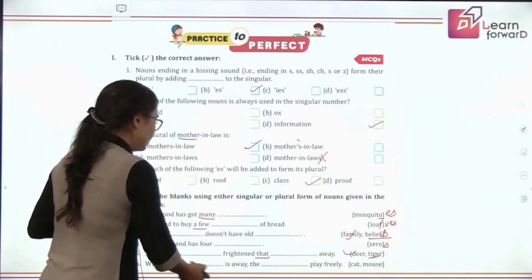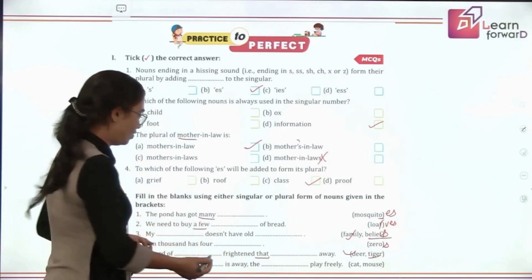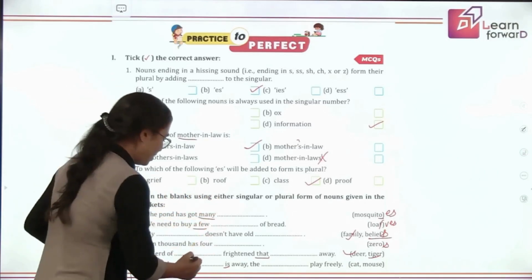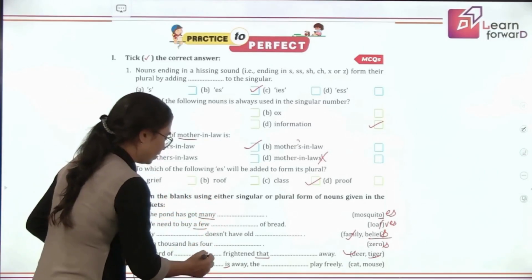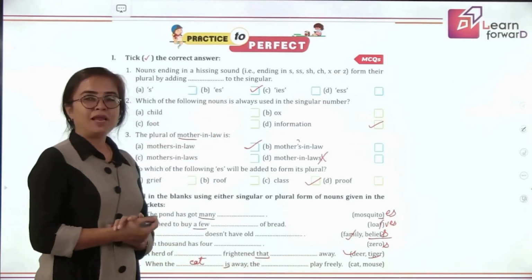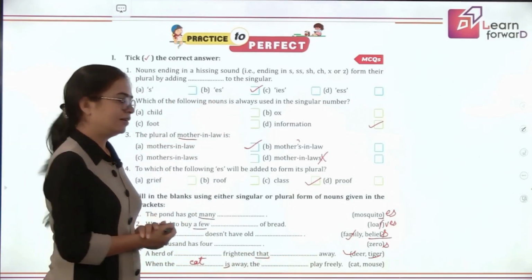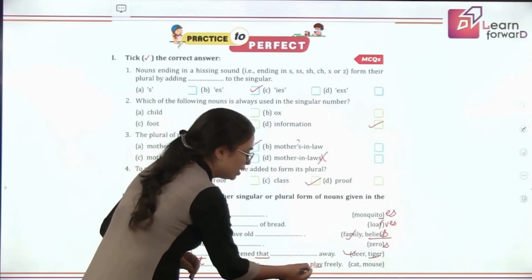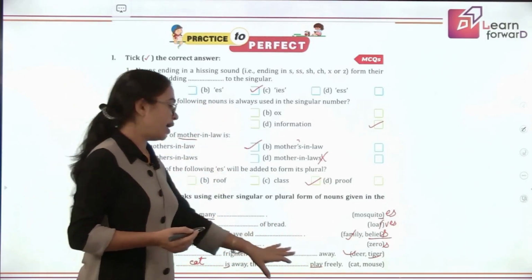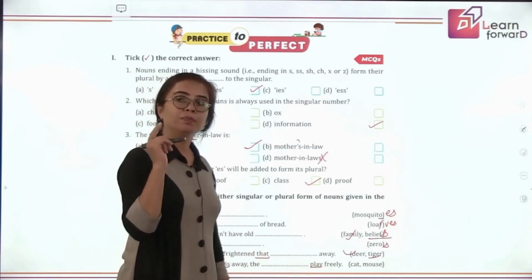Next, when the dash is away, we are using is. So it will be cat in singular. When the cat is away, the mouse play freely. We are not using s here in simple present tense. That means we are talking about a plural subject.